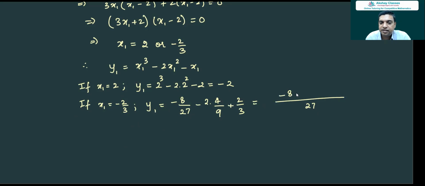We can simplify this. 9 into 3 is 27. So 4 into 3, 12 into 2, 24, plus 18. So we get minus 14 upon 27.